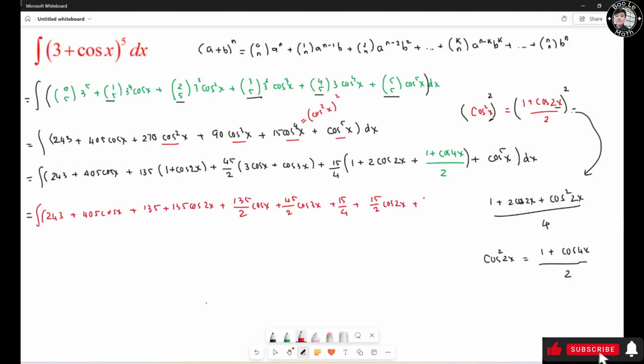plus 15 over 8 plus 15 over 8 cosine 4x plus cosine to the fifth of x altogether dx, right? So 243 plus 135 plus 15 over 4 plus 15 over 8.